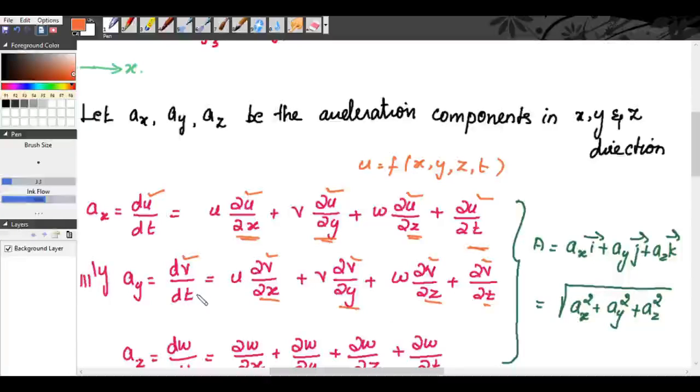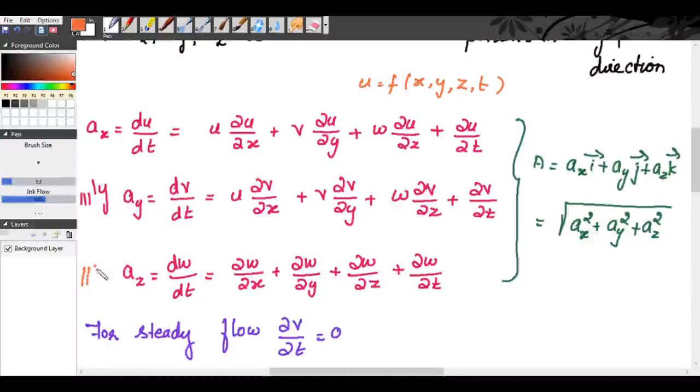So dv by dt is equal to u into dou v by dou x plus v into dou v by dou y plus w into dou v by dou z plus dou v by dou t. Similarly, az is equal to dw by dt, that is u into dou w by dou x plus v into dou w by dou y plus w into dou w by dou z plus dou w by dou t.